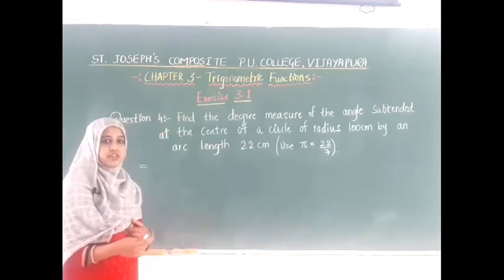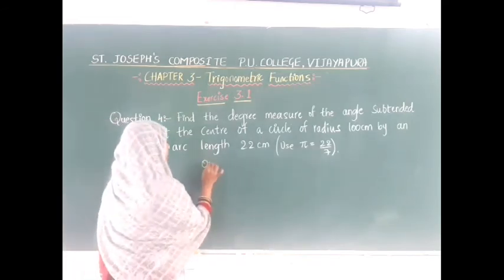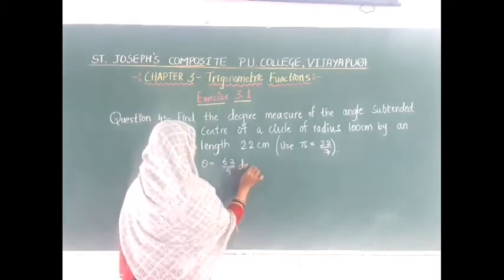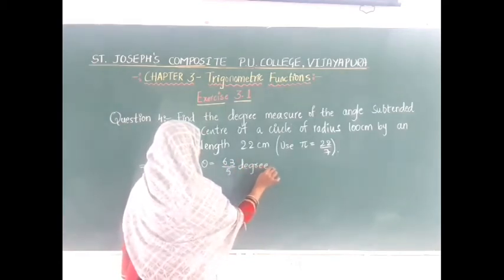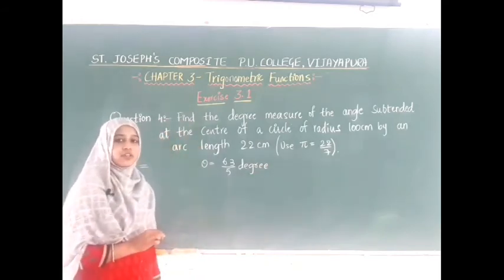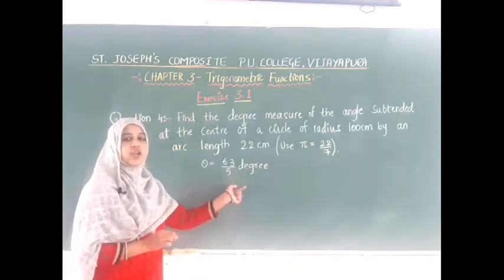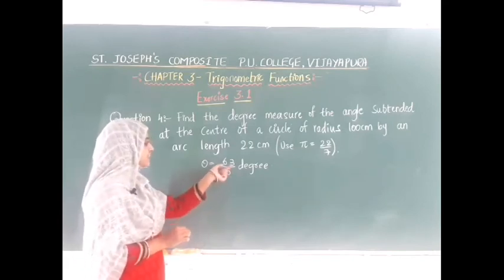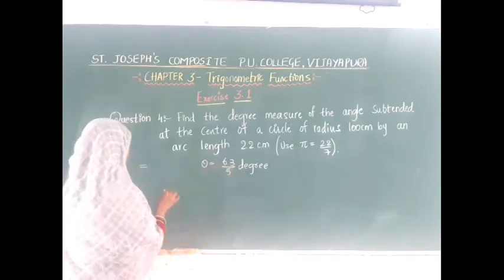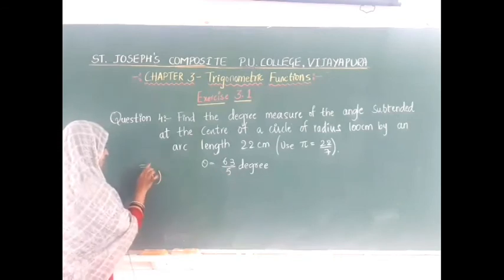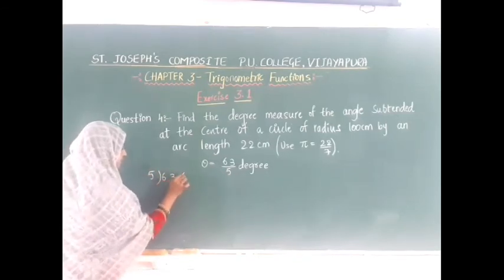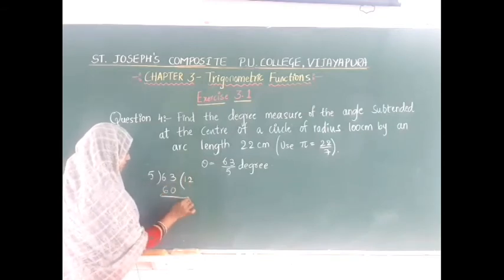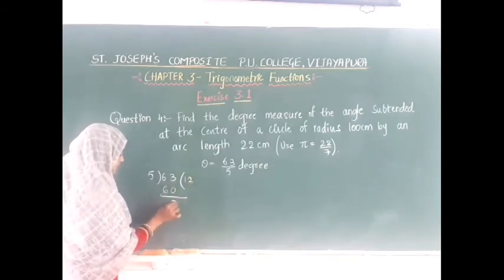After simplification, we get theta is equal to 63 by 5 degree. And we know that degree cannot be in the form of fractions. So we divide 63 by 5. 5 twelves are 60, so you will get remainder 3.